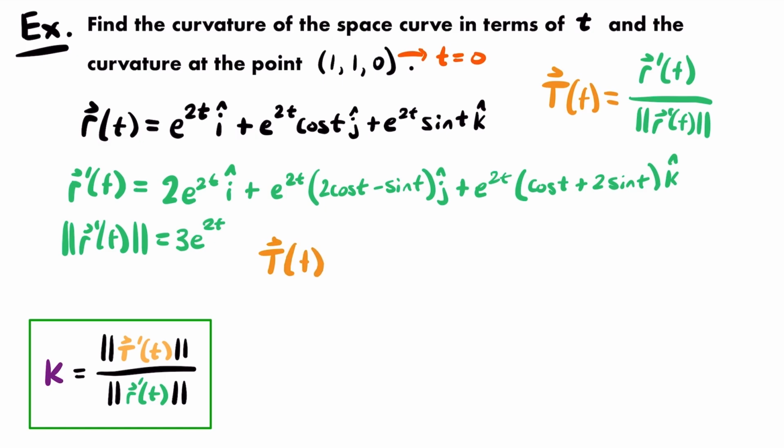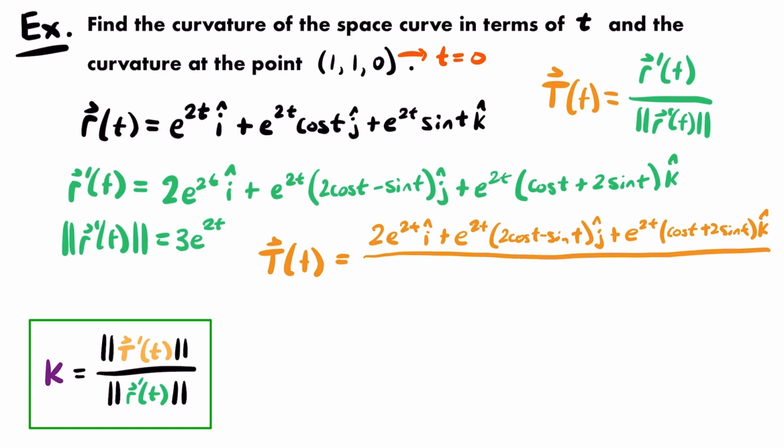T of t will be equal to 2 times e to the power of 2t times i plus e to the power of 2t times 2 cosine t minus sine t j plus e to the power of 2t times cosine t plus 2 sine t times k. That's just our vector function r prime of t, but then we're dividing it by 3e to the power of 2t.